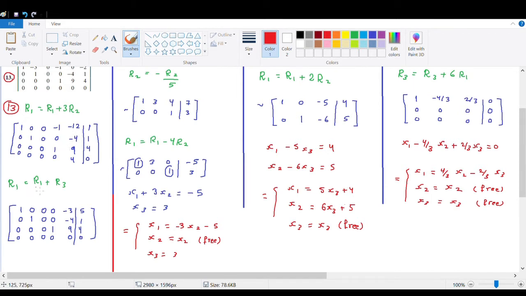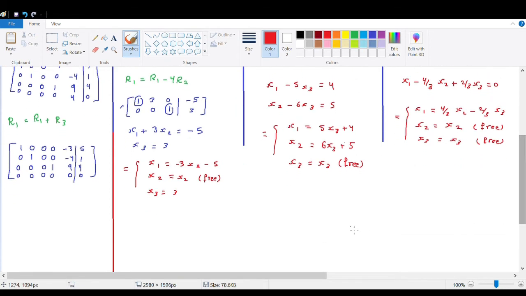Then row 1 is equal to row 1 plus row 3, we get this matrix, which is in reduced echelon form. Now to write the general solution of our matrix, we have x1 is equal to 3x5 plus 5, and x2 is equal to 4x5 plus 1.